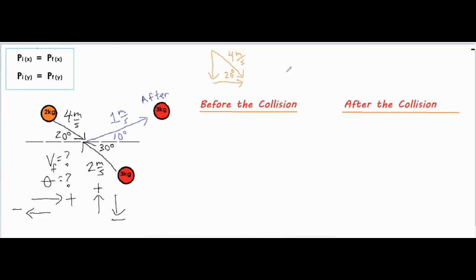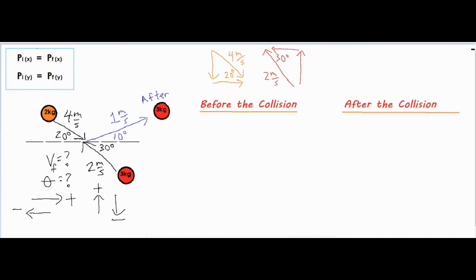I have 2 meters per second up and over this way. My angle is right here, and then my velocity vectors are going to go up and over to the left.